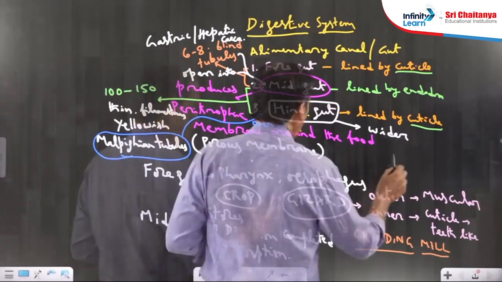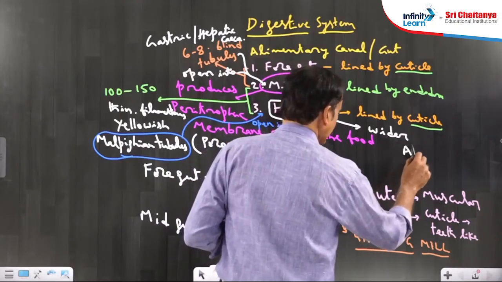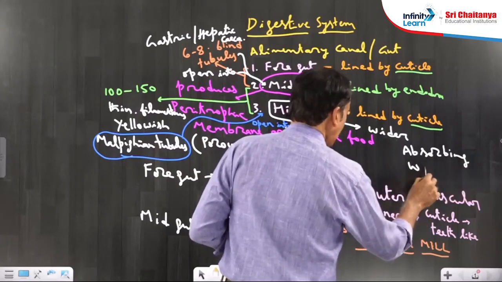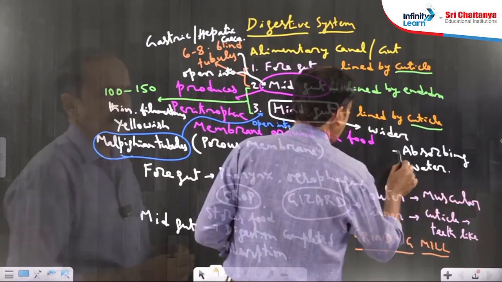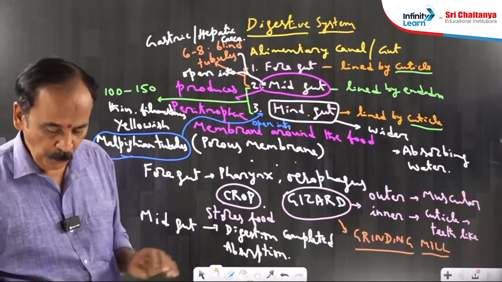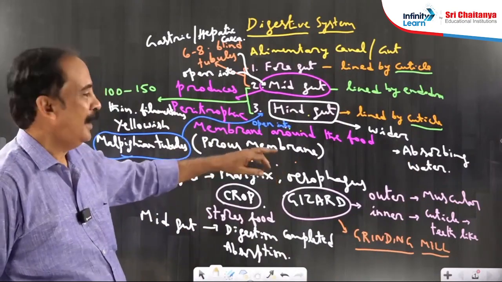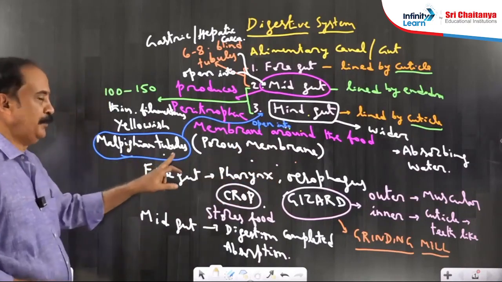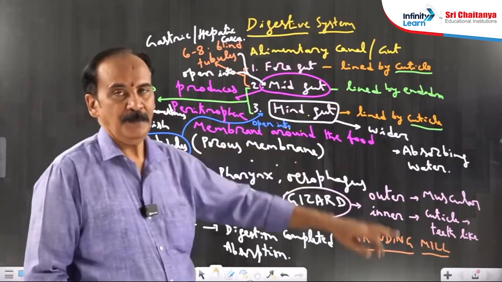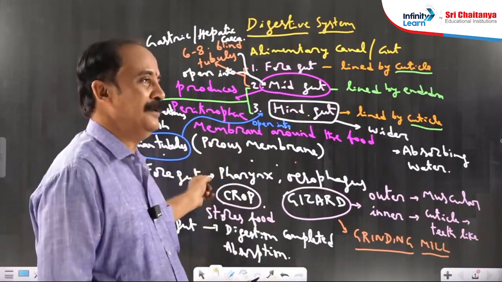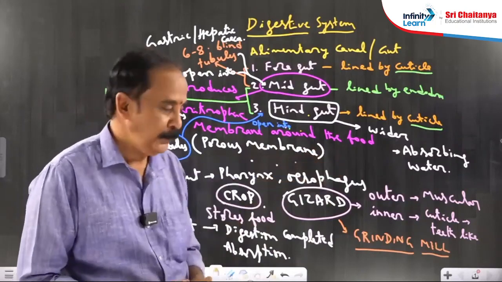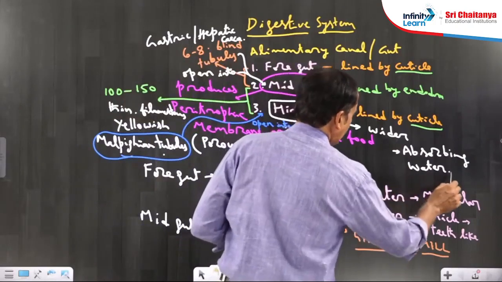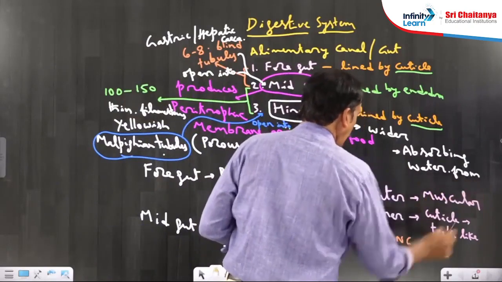So the hindgut helps in absorbing water from the waste material. The hindgut absorbs water from undigested waste, as well as it receives the nitrogenous waste from the Malpighian tubules. The waste coming through the Malpighian tubules enters the ileum and reaches the colon and rectum, where water is absorbed from both kinds of waste.